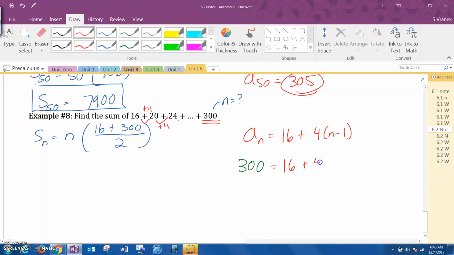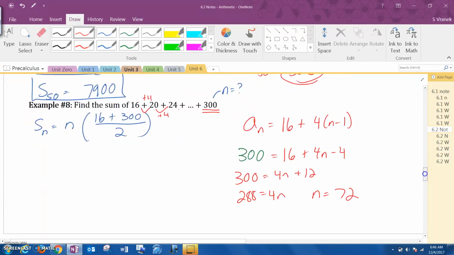I'm going to distribute now. Okay? So I get 300 equals 4n plus 12. 300 minus 12 is 288 for 4n, which means n is equal to 72. So that is the 72nd term in that sequence.